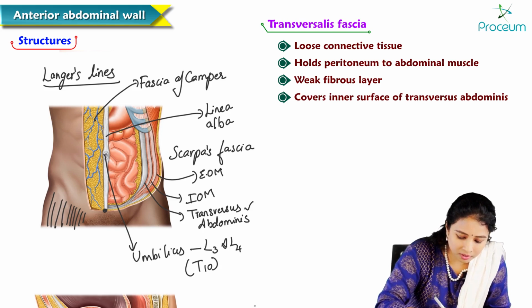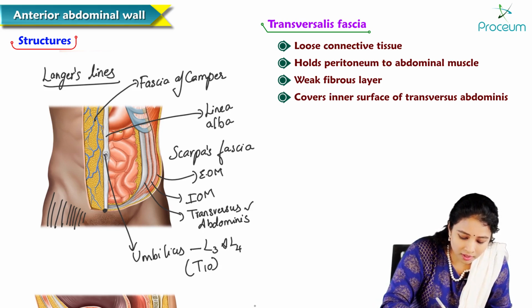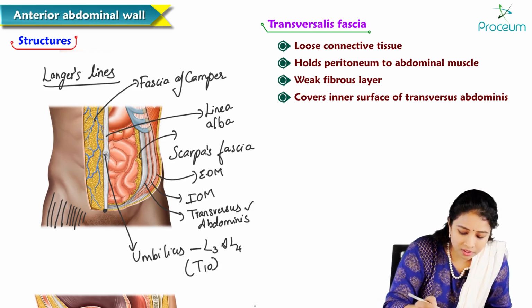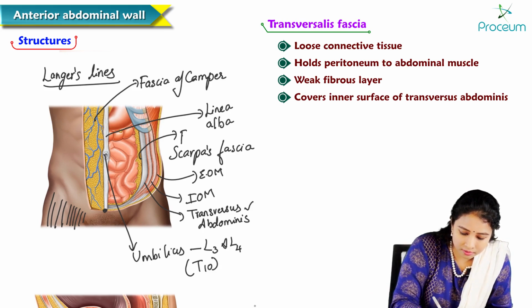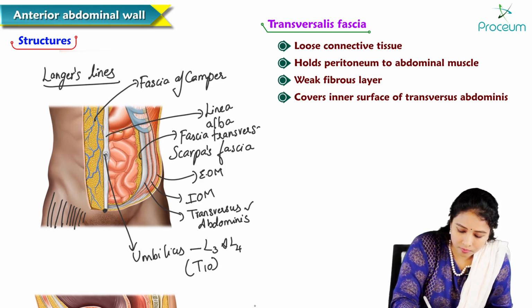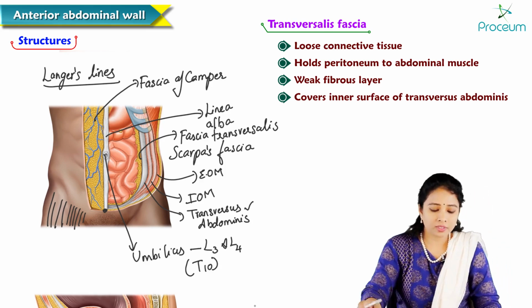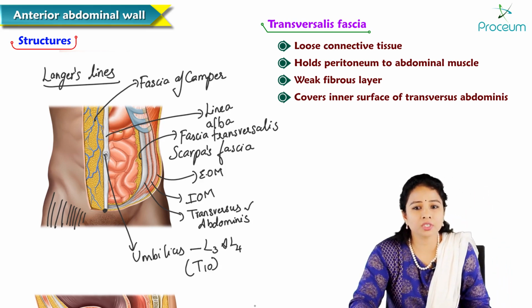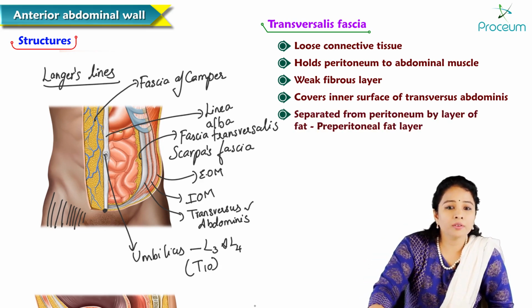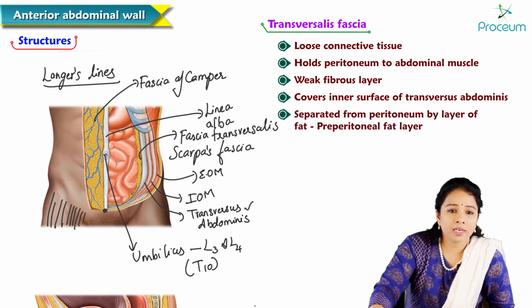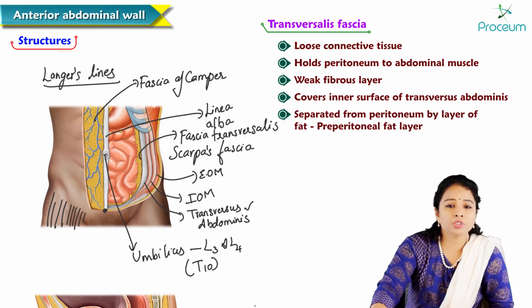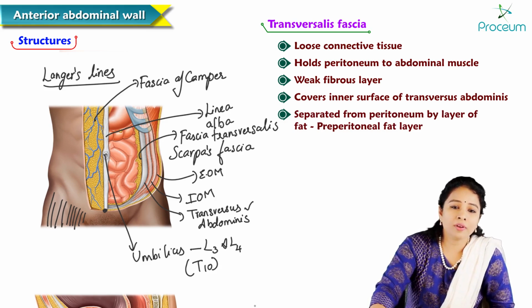Deep to the transversus abdominis muscle, the inner layer is the fascia transversalis, otherwise called the transversalis fascia, and it is separated from the peritoneum by a layer of fat called the extraperitoneal connective tissue or preperitoneal fatty layer.